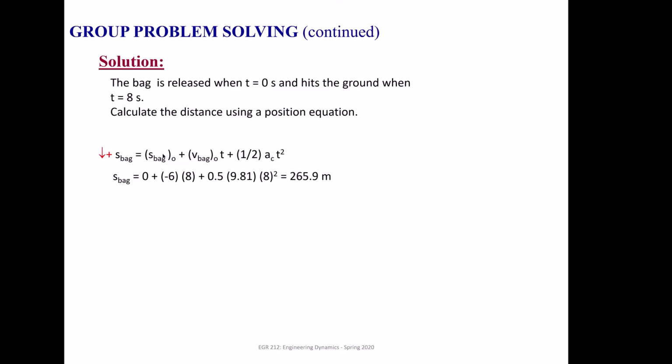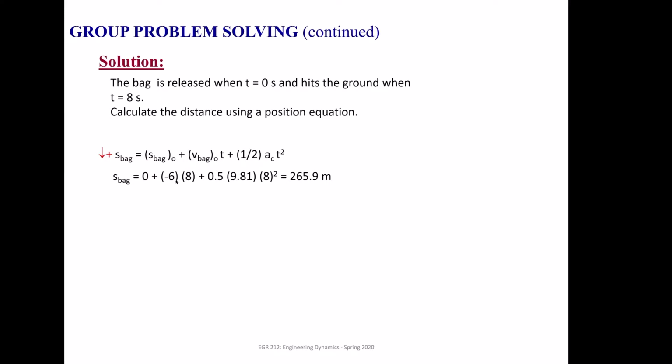The initial position, we define that as 0, right? So wherever it started from, we're defining when it was released. That's our zero point, and going down toward the Earth is our positive direction. So we define that as our origin, let's say.